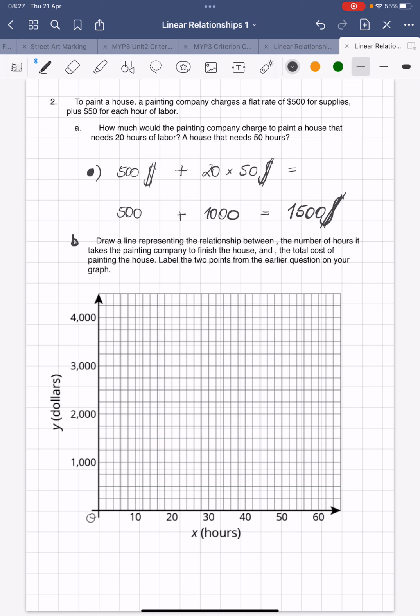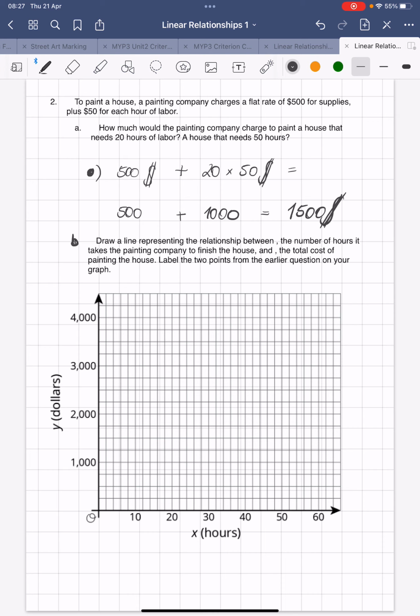Okay. So draw a line representing the relationship between the number of hours it takes the painting company to finish the house and the total cost of painting the house. Label the 2 points from the earlier question on your graph. So this is exactly what we did in question 1.